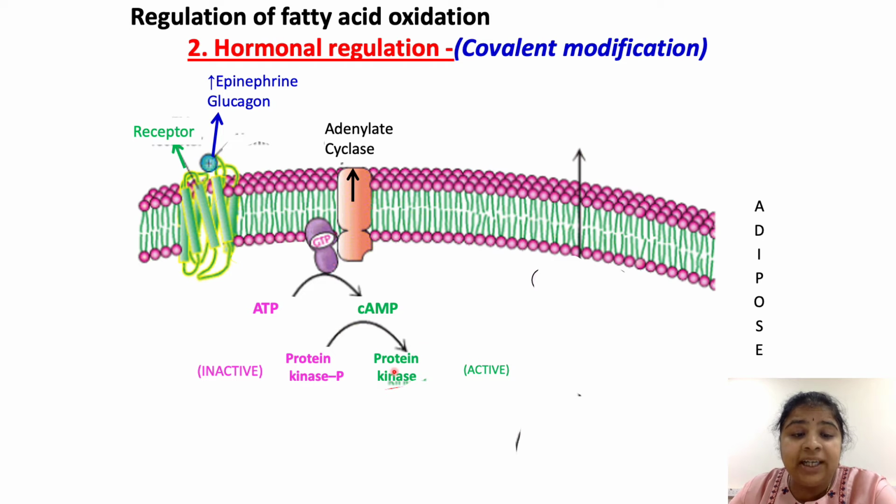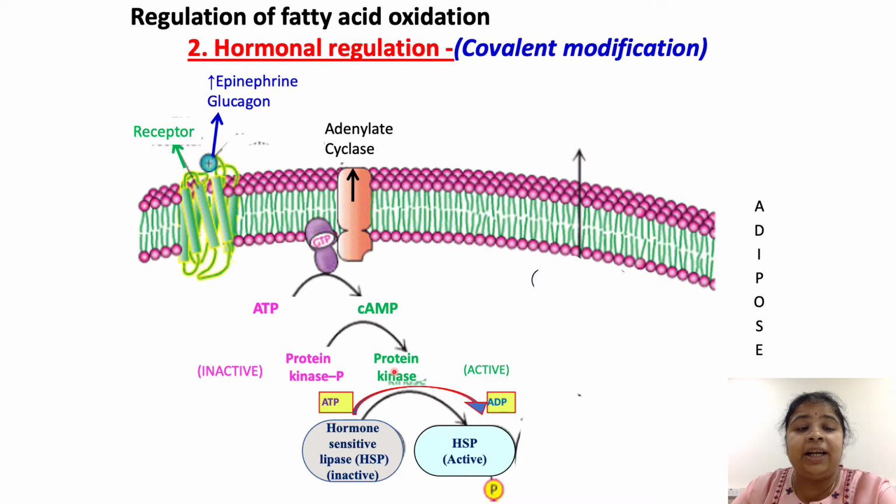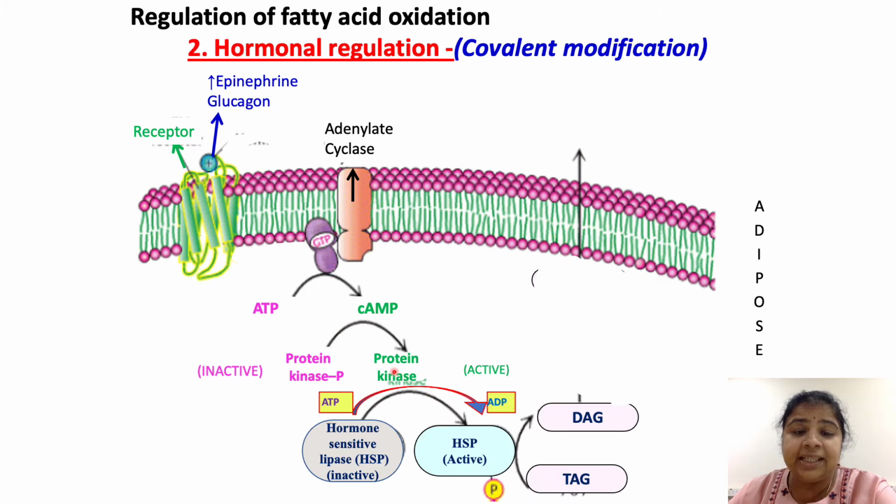This protein kinase will in turn phosphorylate hormone sensitive lipase and make it active. So the phosphorylated form of hormone sensitive lipase is active. Once this enzyme is active, it will act on triacylglycerides and release free fatty acids.